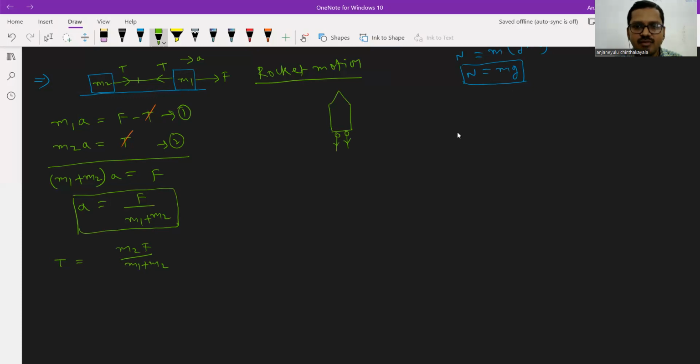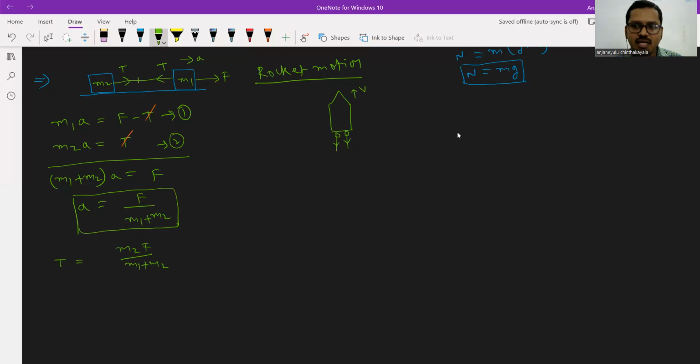Finally, the velocity of the rocket is v, and here we should find the velocity of the rocket v. Suppose m naught is the initial mass of the rocket, and with respect to time the fuel is burning inside the rocket.